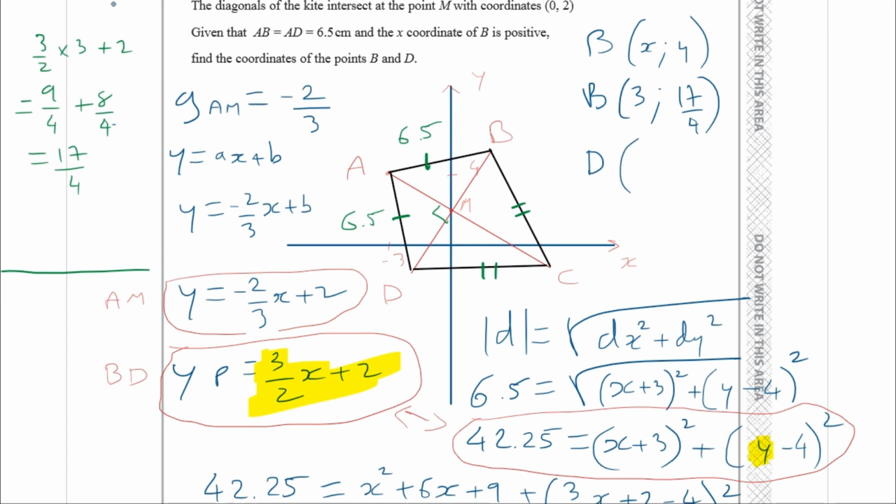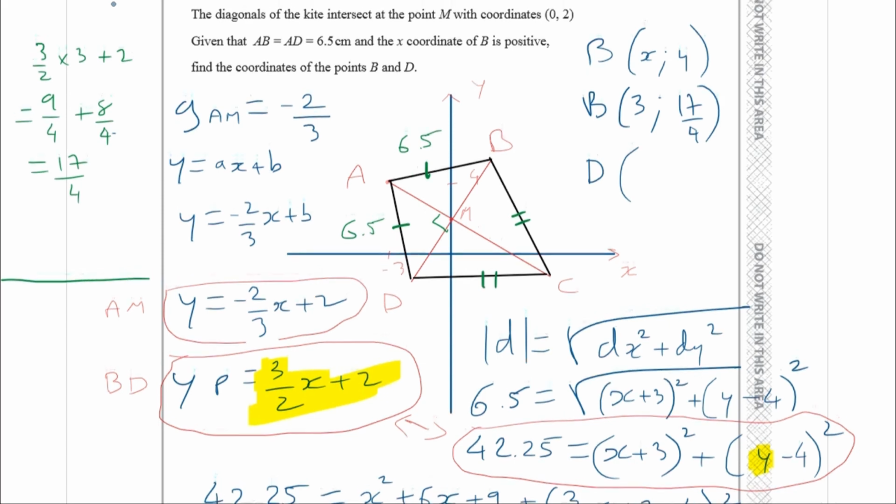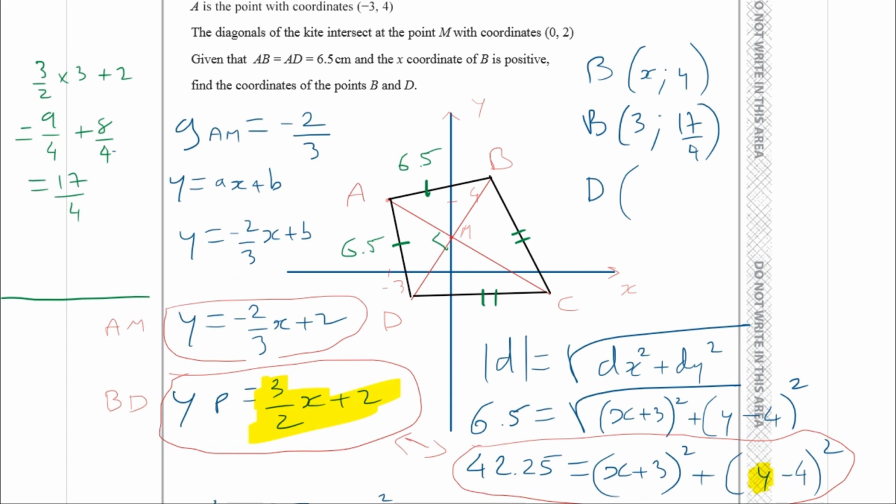If you're 3 away positive on the x value for the midpoint to be 0, remember the midpoint M is everything here. This is becoming the most important thing to finish this question. Because the midpoint is 0, 2, the x value of D is going to be negative 3, because the midpoint is exactly in between the x value of B and the x value of D. So 0 is exactly between 3 and negative 3. So that's nice for the x value.